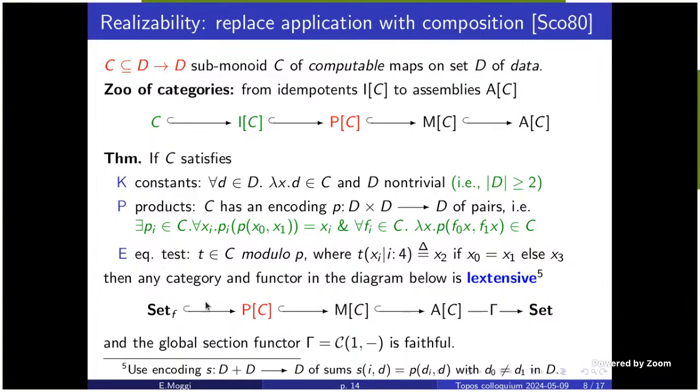And these functors are full and faithful, and this one is just faithful, they preserve the extensive structure, so finite limits and sums. And this gamma is just the global section functor, defined in this way. So now we have a lot of ways of producing extensive categories, and I'm mainly interested in this one.